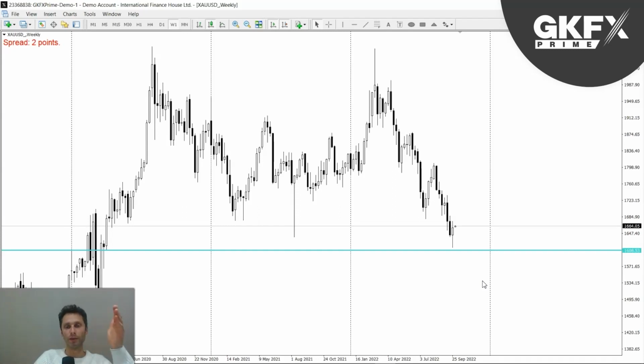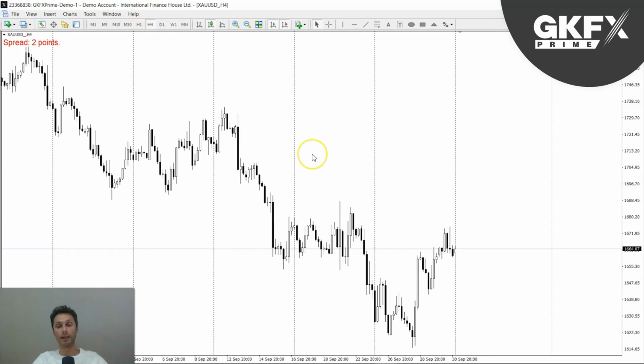So we do have NFP, really have to bear that in mind, and this may be a trickier one to trade because we may see some volatility kicking in, and we may also see some accumulation, a ranging market, because in preparation, that's what usually the market does in preparation for big news events.